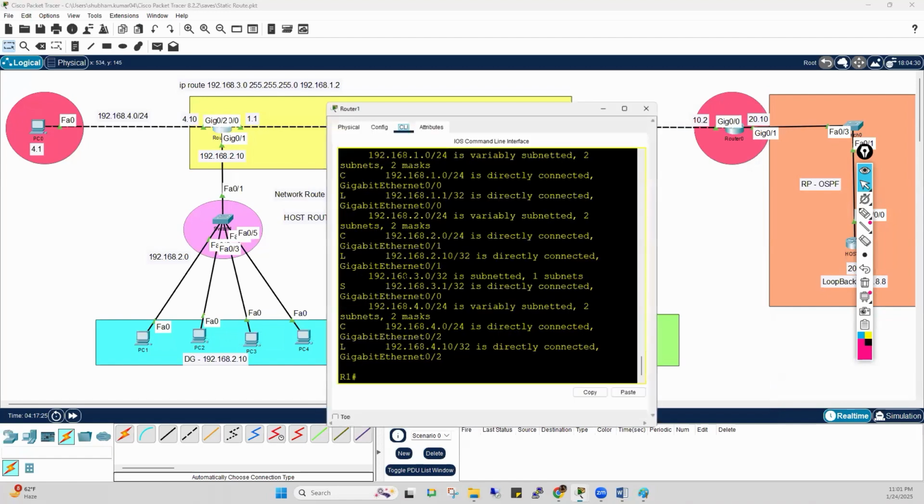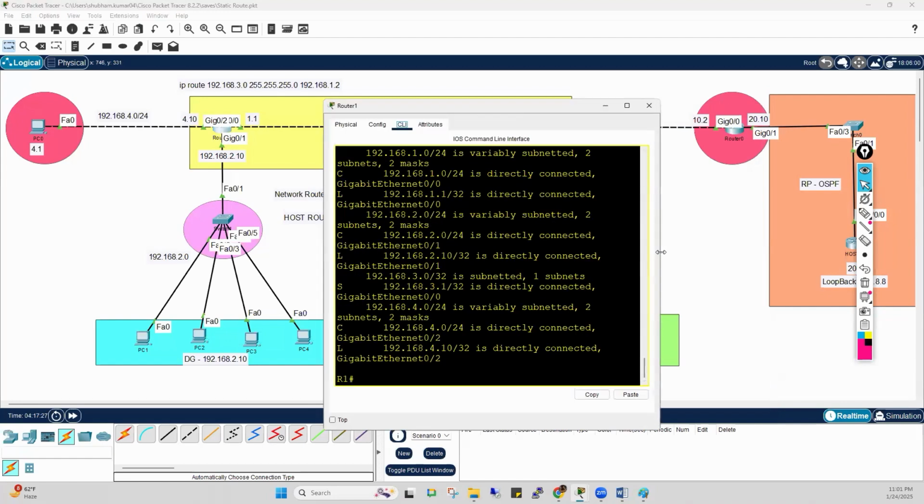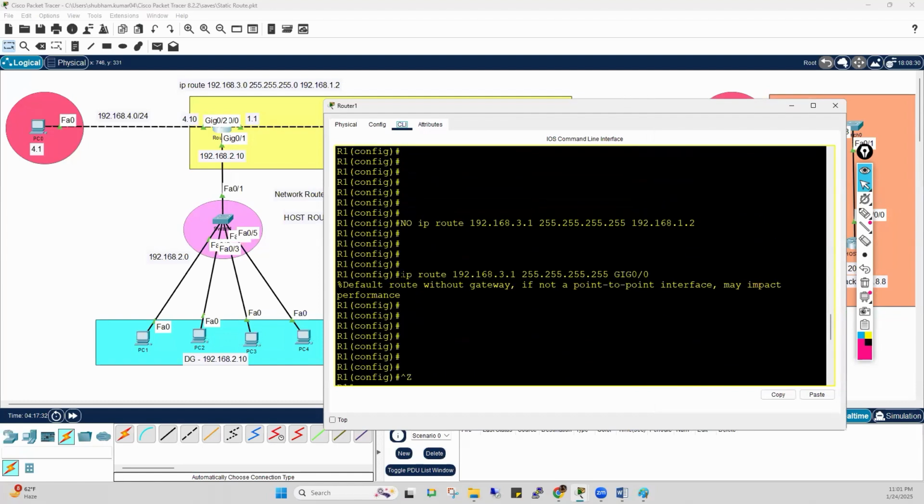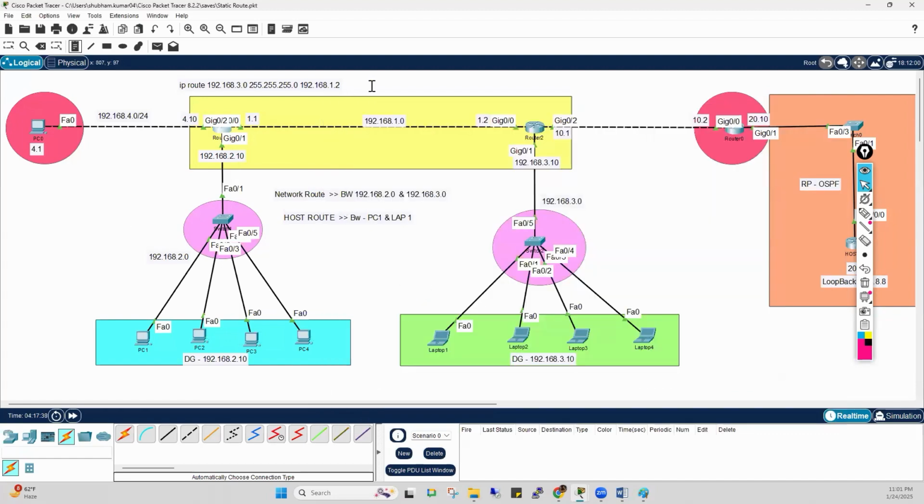Clear? So what is the command I configured, guys? See, let me show you the configuration. This is the command I configured here, guys. Let me write this command so you guys can read it very carefully. If you want to use the exit interface, you can use this command.